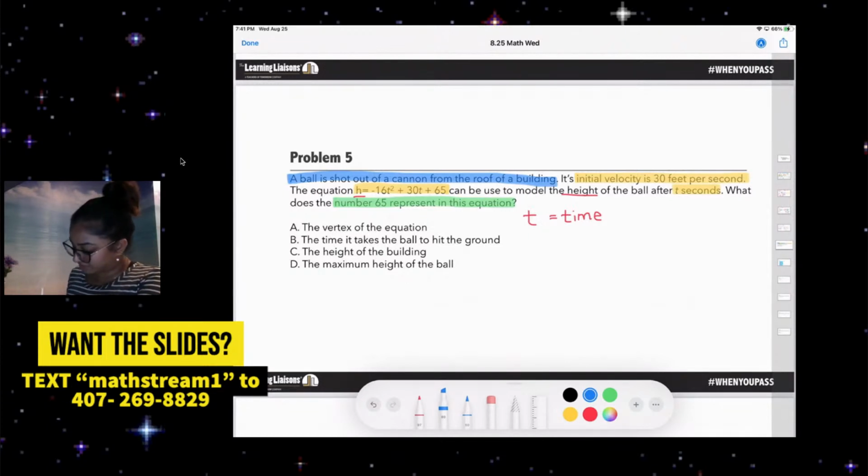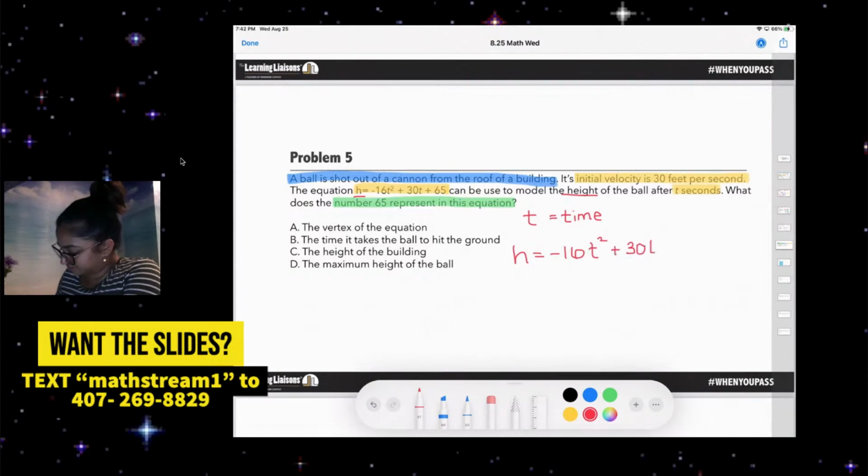Well, if I'm thinking t is time, and I have this equation, let's figure out at 0 time, which is when I start, what the height is. So let's just look at it like that. We have h is equal to negative 16 t squared plus 30t plus 65.